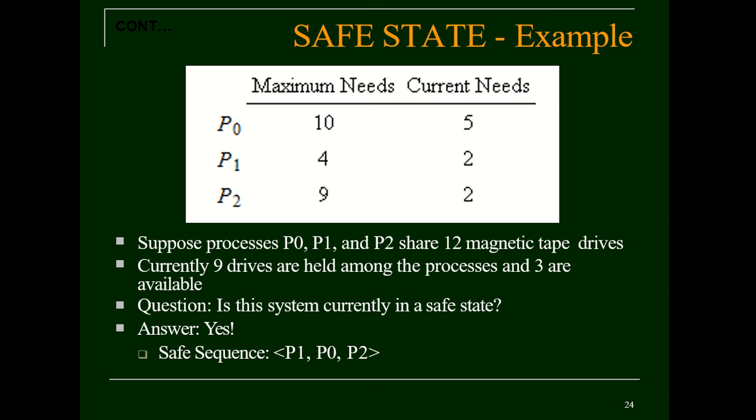Currently 9 drives are held among the processes and 3 are available. So the question arises, is the system currently in the safe state or not? The answer is yes, because the safe sequence is P1, P0 and then P2.